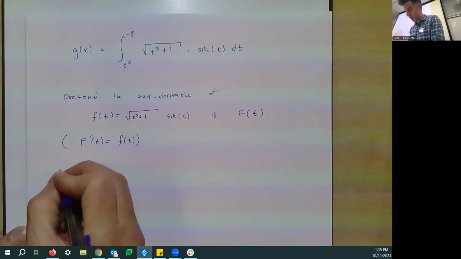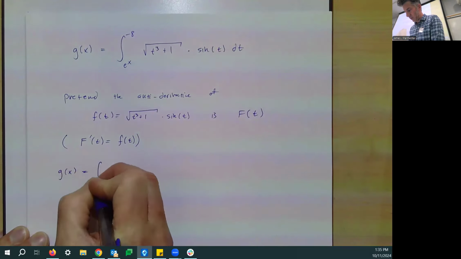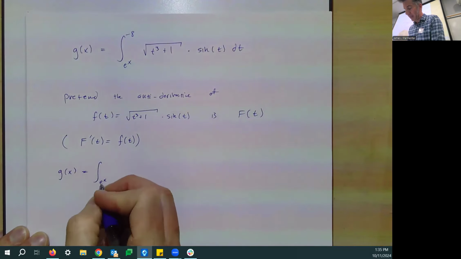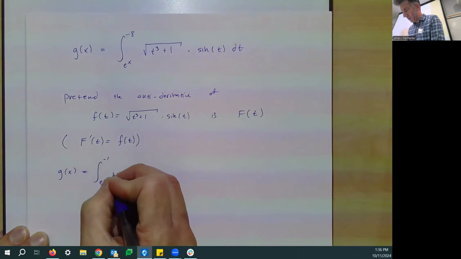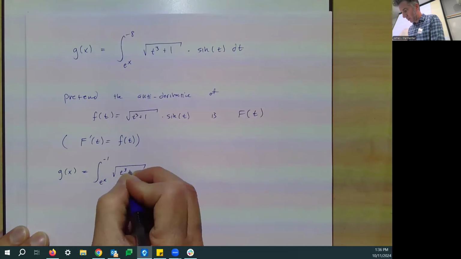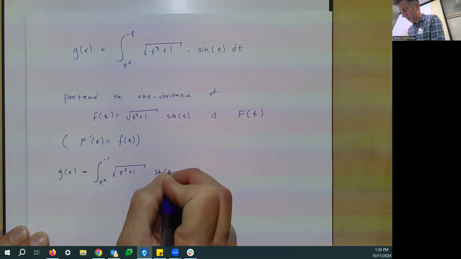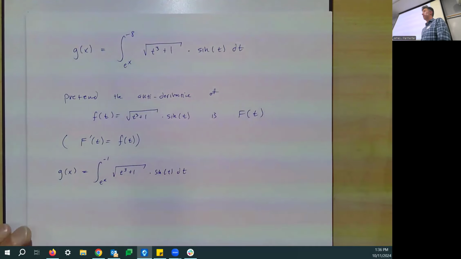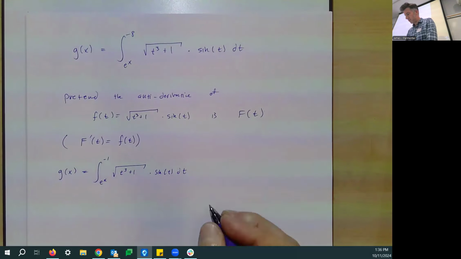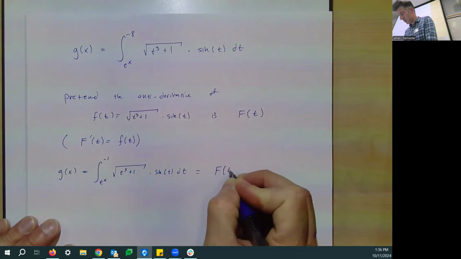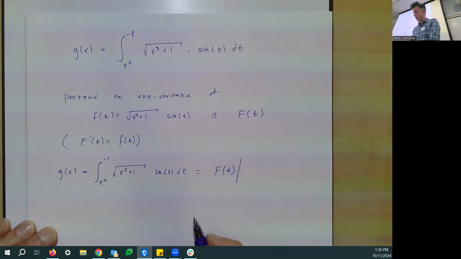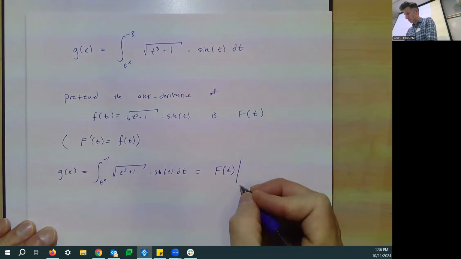Okay, so let's find g of x. So g of x is equal to the integral from e to the x to negative 8 of the square root of t cubed plus 1 times sine of t. Well, the way we deal with definite integrals is by finding the antiderivative, which is right there, and then evaluating it at the upper limit minus the lower limit.